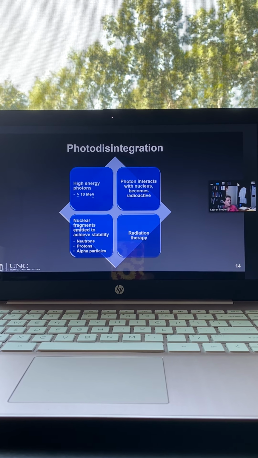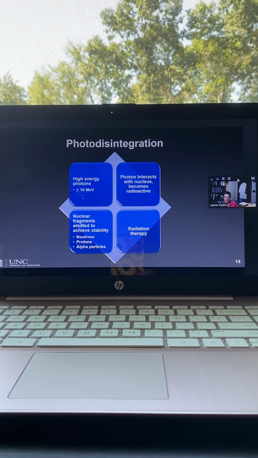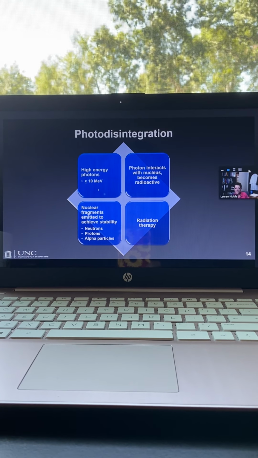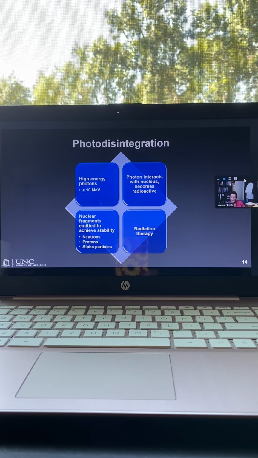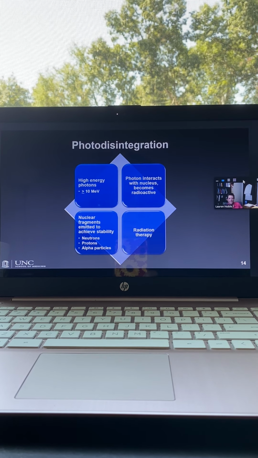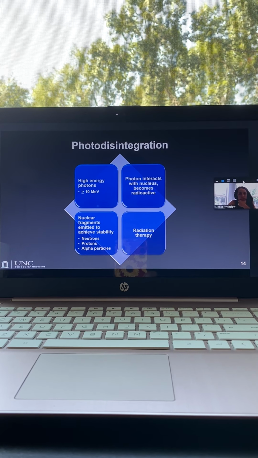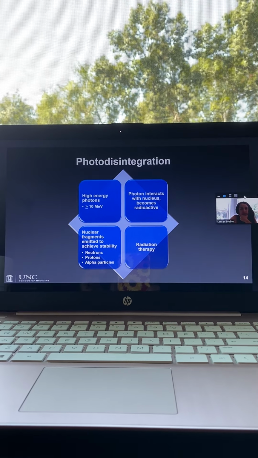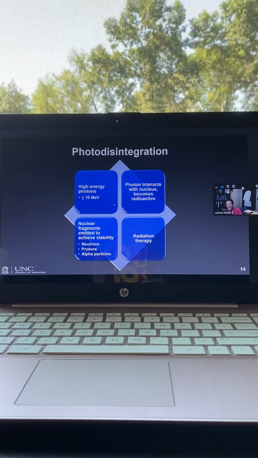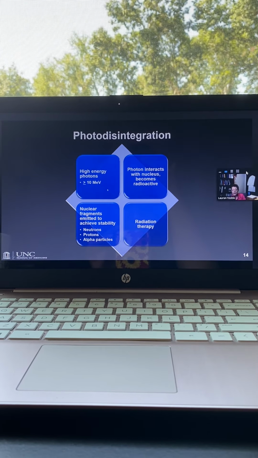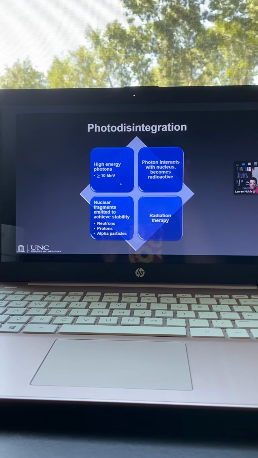So what keV would that be? On our control panel? 10,000. Yeah, we're talking about over 10,000. So that is not on our control panel. So this is even higher than pair production, higher energy.